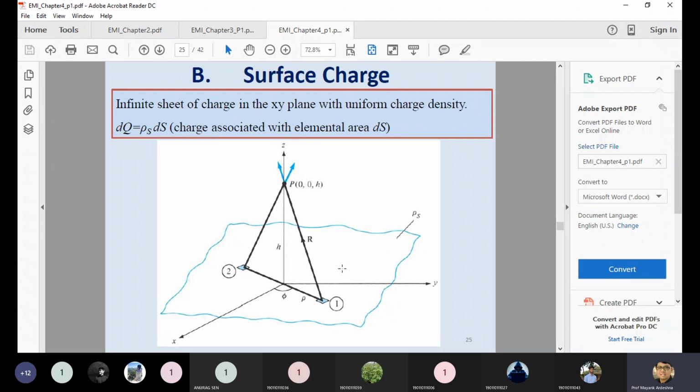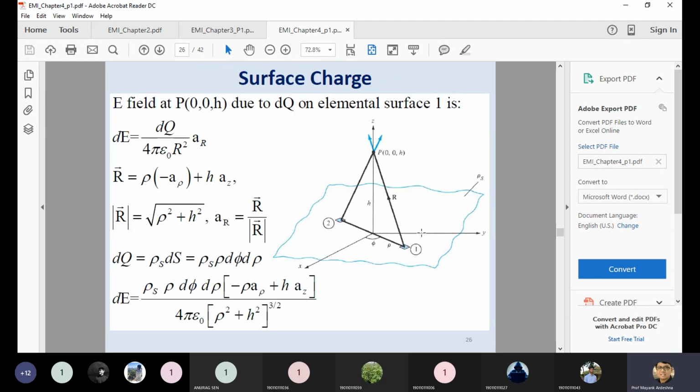You have to draw this figure, find the vector, and find the surface, which is symmetrical in nature and located in the xy plane. This xy plane has a surface charge density rho s, which is coulomb per meter square. We select one point perpendicular to the surface, at a height 0, 0, h. Okay, so you can see this equation dE is equal to dq over 4 pi epsilon 0 r square.